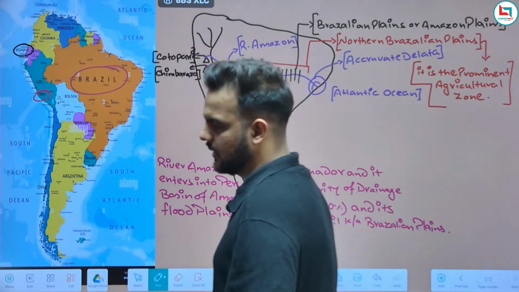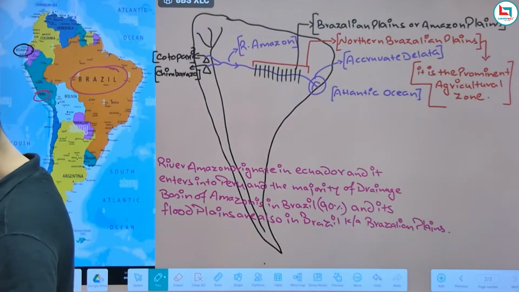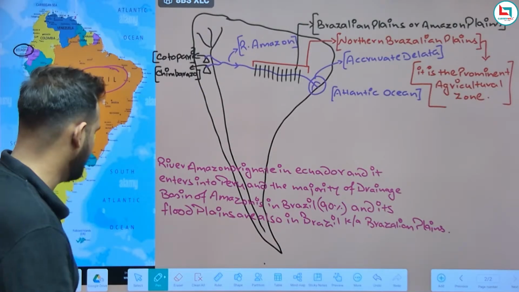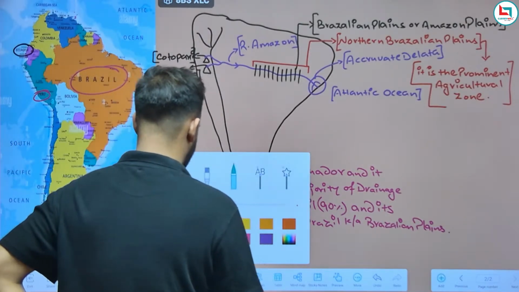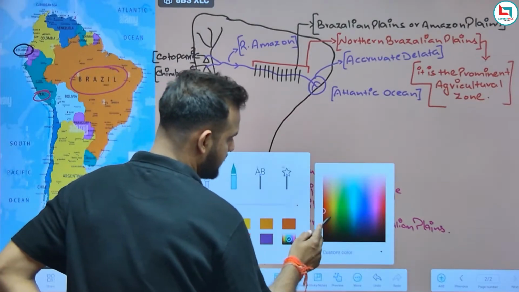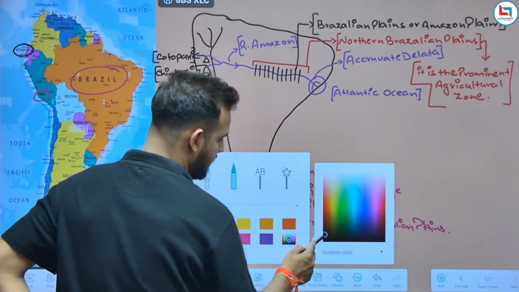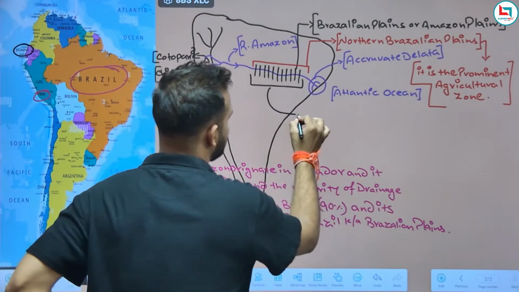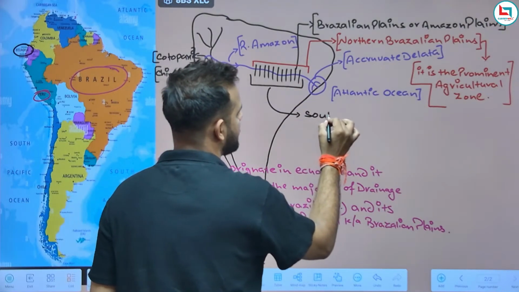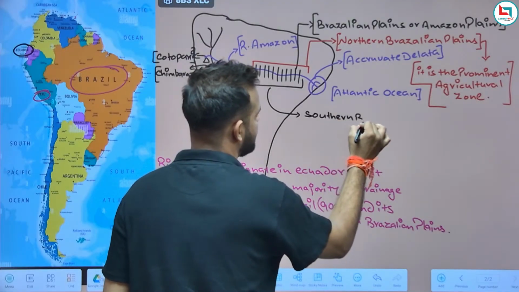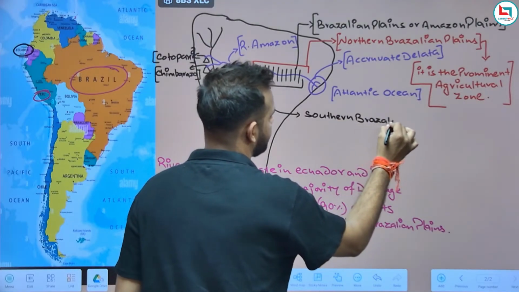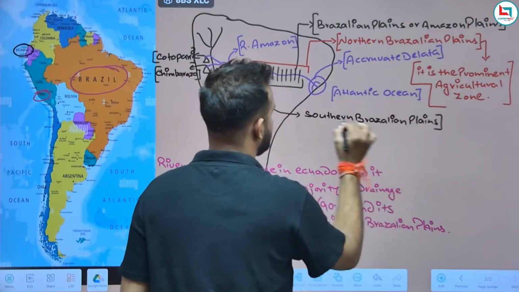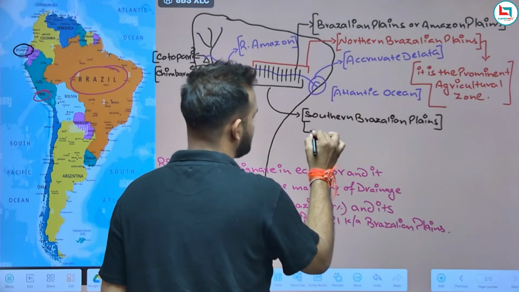After this, guys, remember one thing. When we look towards the southern Brazilian plains, these southern Brazilian plains have dense forest.